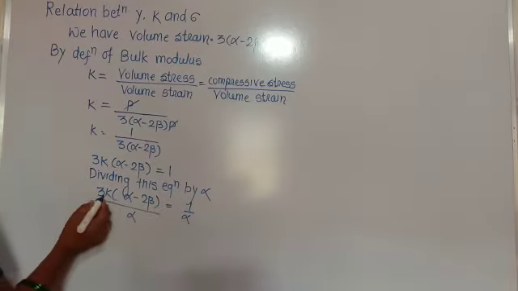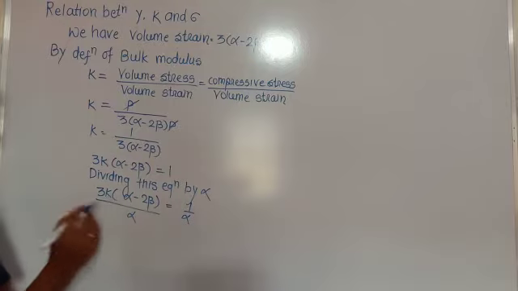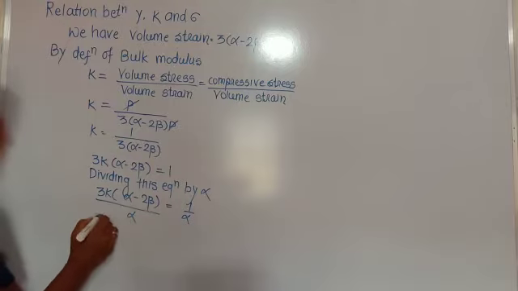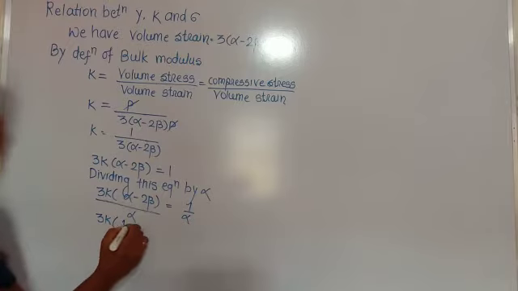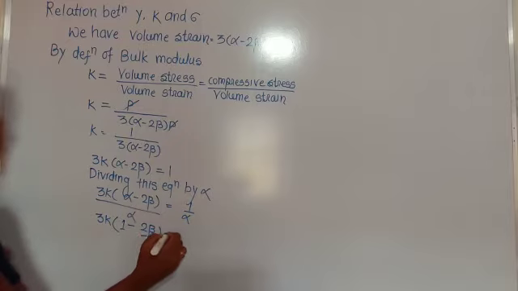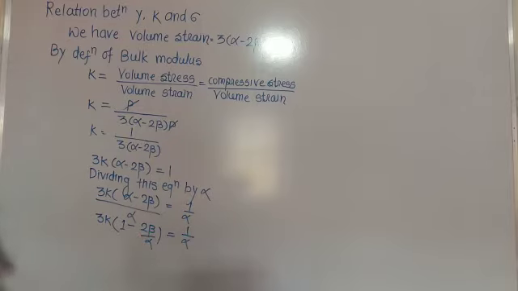Here 3K is outside the bracket, so there is no need to divide it. In the bracket we get alpha divided by alpha, which is 1, minus twice beta divided by alpha, is equal to 1 by alpha.